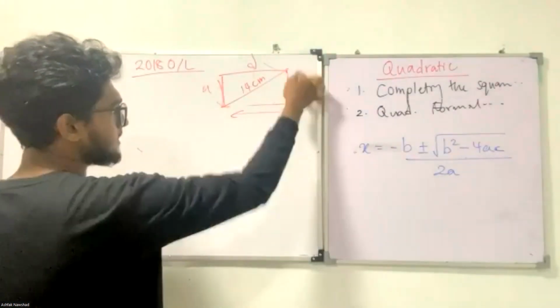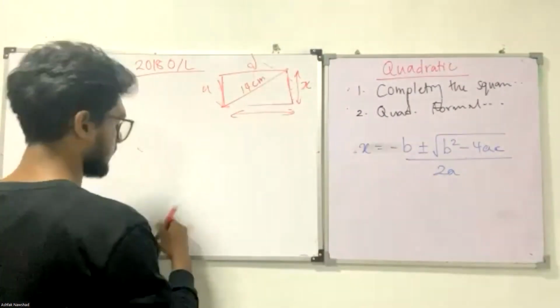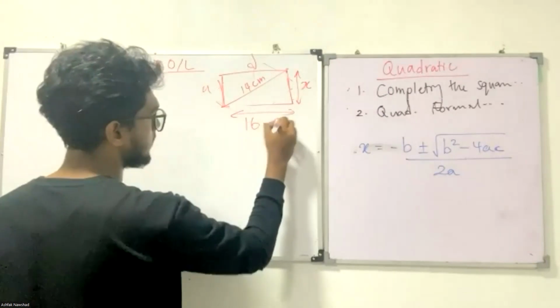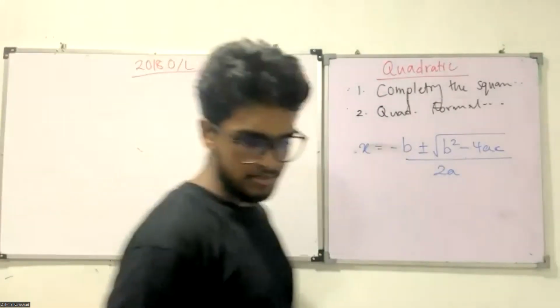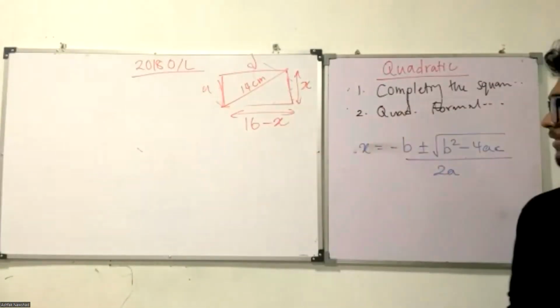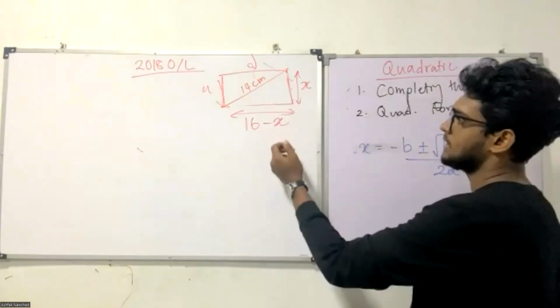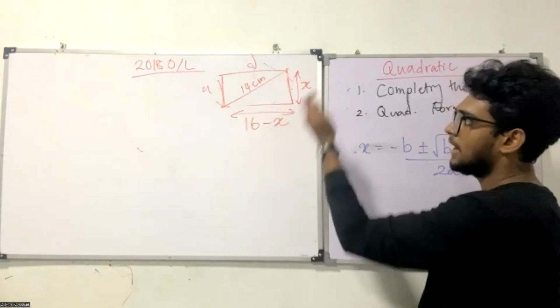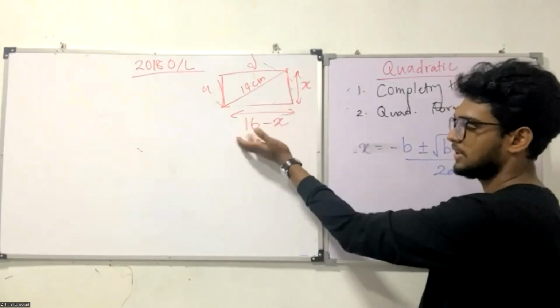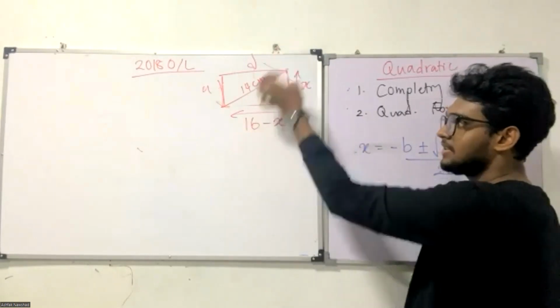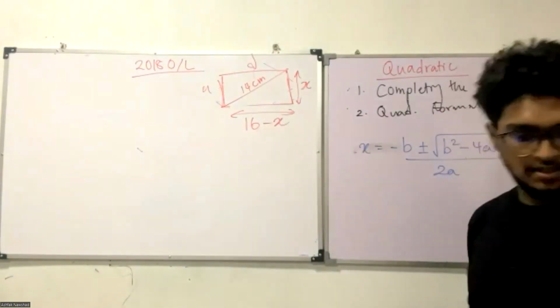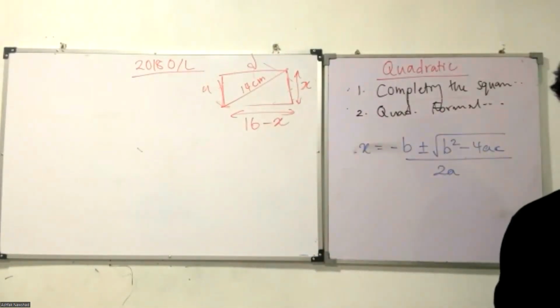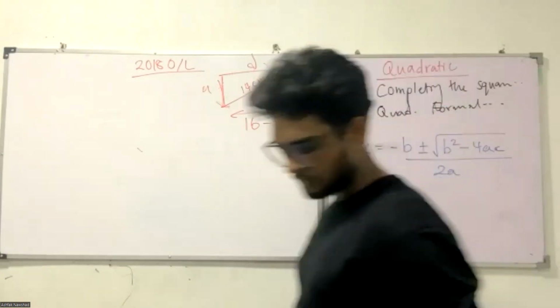Like this is x, the sum is 16, so this must definitely be 16 minus x, right? For example, if this is 4, this must be 12, 16 minus 4. Likewise, if this is x, this length is 16 minus x, right?